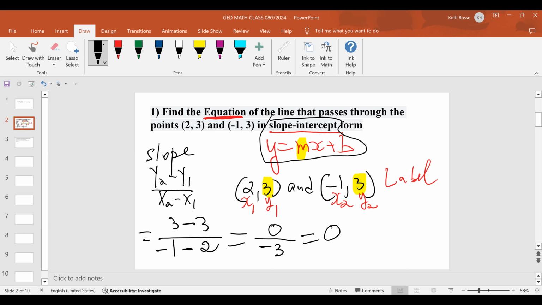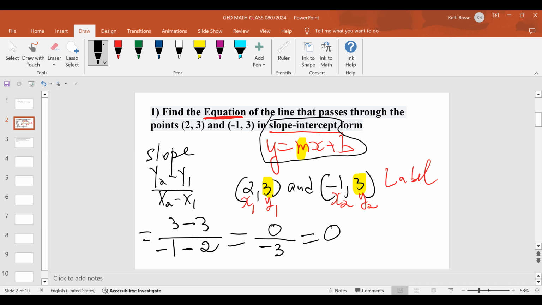It's going to be a horizontal line because if you check the two points, they have the same y coordinate. The y coordinate of the first point is 3. The y coordinate of the second point is also 3. Every time you have two points with the same y coordinate, that means it's going to be a horizontal line. That's something you can remember.